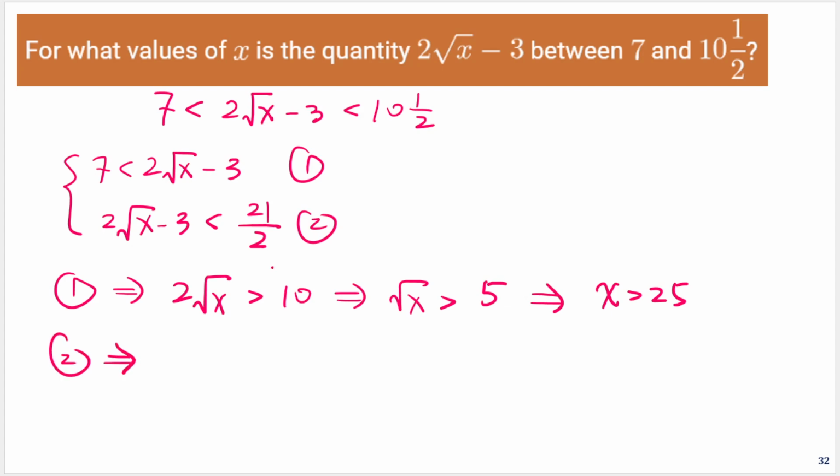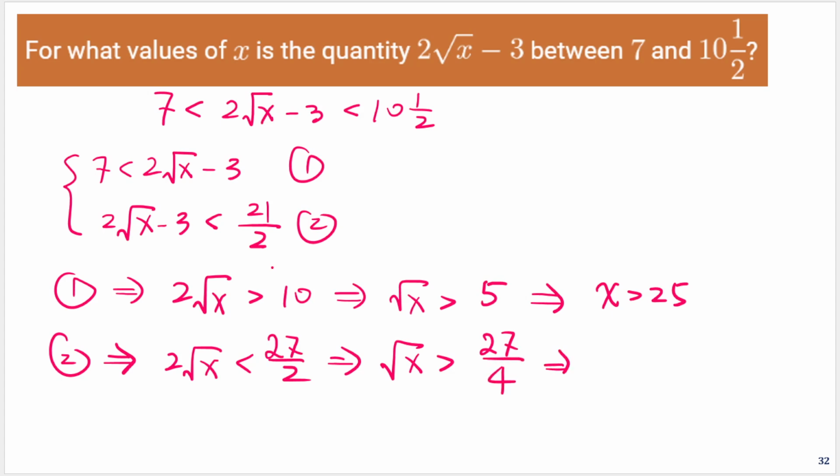From the second inequality, we have 2 square root x must be less than 21 over 2, which means the square root of x must be less than 21 over 4. Again, take the square root of that number. Square both sides.